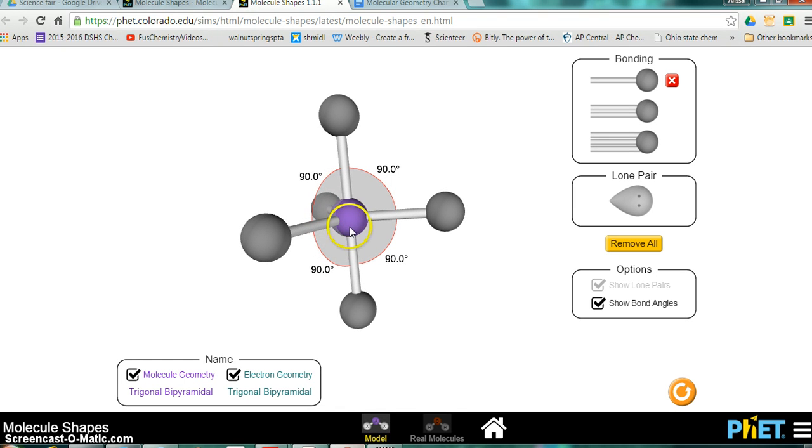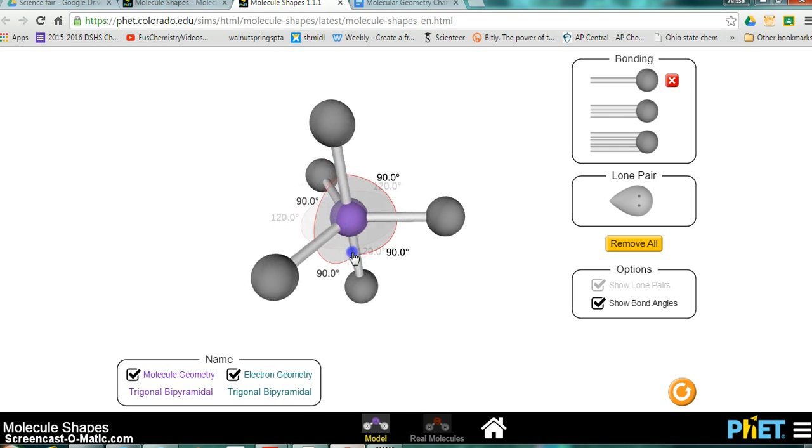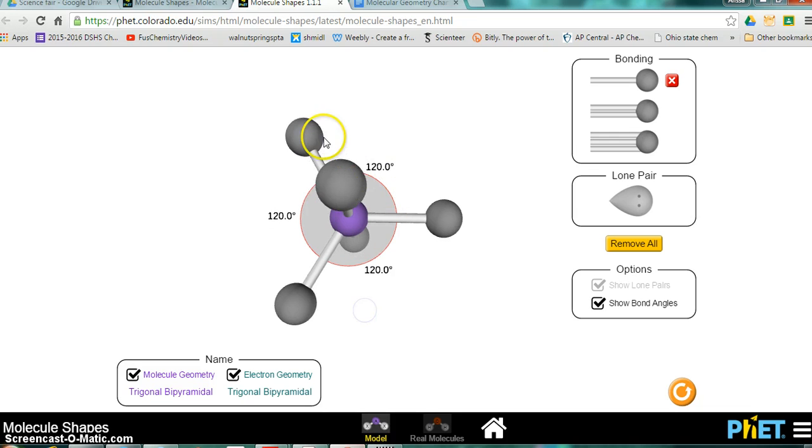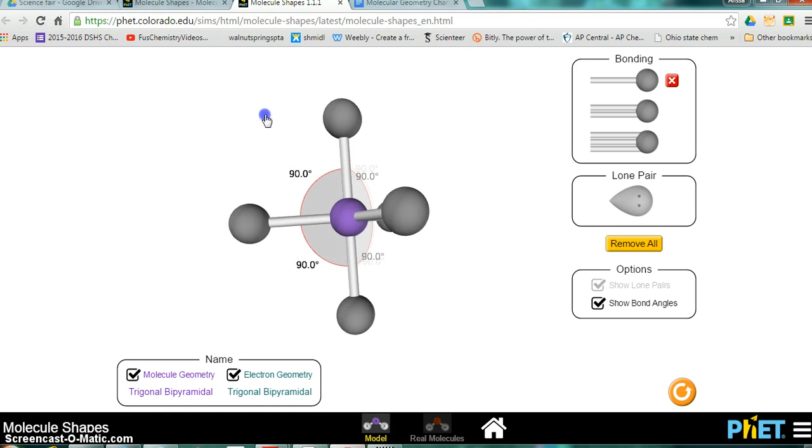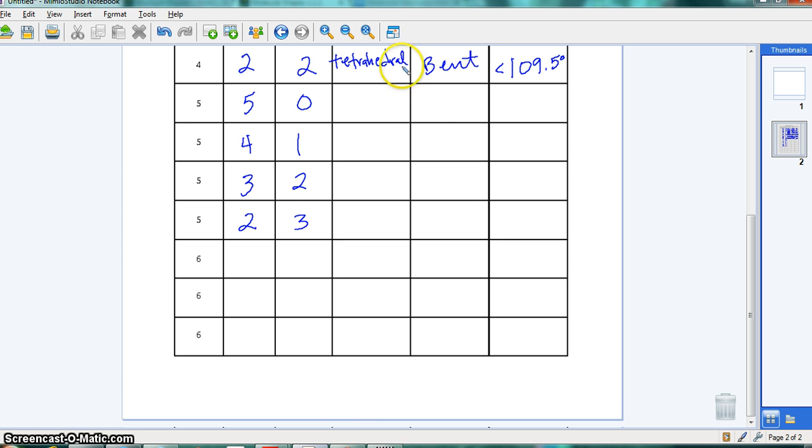And we have 2 different bond angles. Our bond angles here, as you can see, are 90 degrees. But if we look at the molecule from the top, the 3 that are in the middle are 120 degrees from each other. So we have 2 different bond angles. Let's come back over here. In our electron domain geometry, it's going to be trigonal bipyramidal.